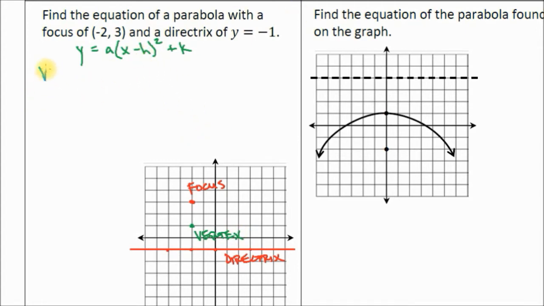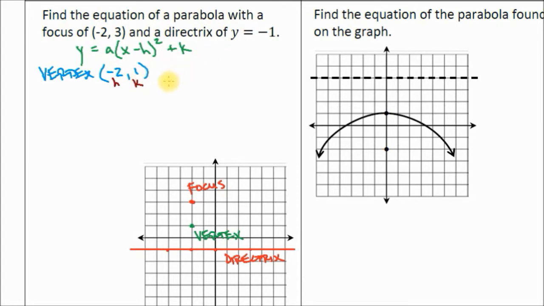We just found that our vertex is going to be at (-2, 1). And we know that this value is our h value and this value is our k value.